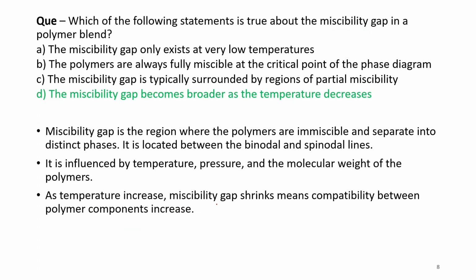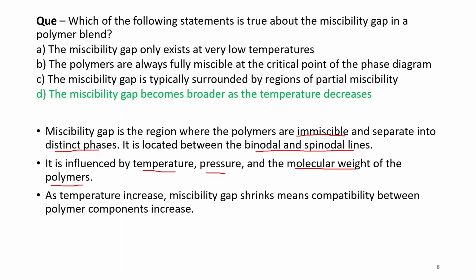So the miscibility gap is the region where the polymers are immiscible and separated into two distinct phases. It is located between the binodal and spinodal lines. It is influenced by temperature, pressure, and the molecular weight of the polymers.